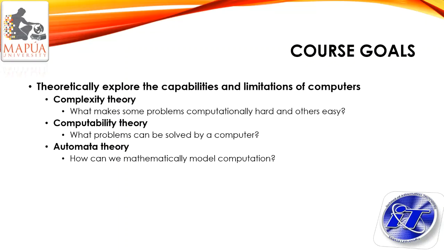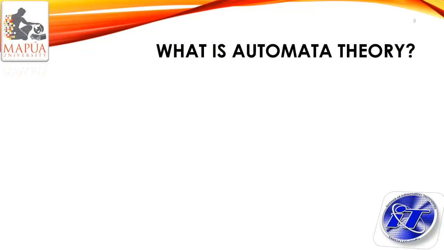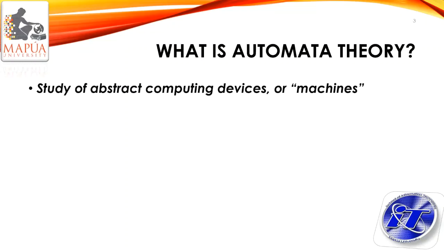Let's define what automata theory is. Automata theory is basically a study of abstract computing devices or machines. If we say abstract, this is a theoretical computing device. It could be a simple design on paper, or it's a simulator in your software.